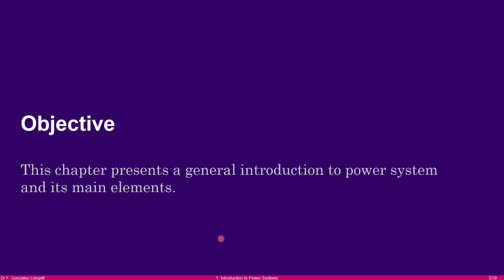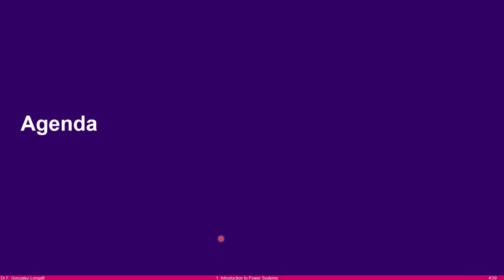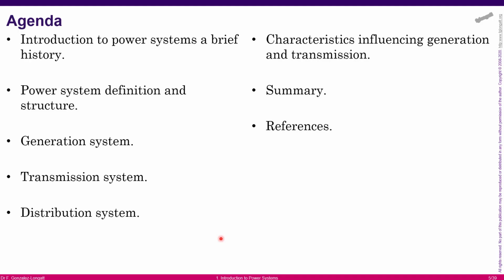As I said before, the main objective of this class is to deliver a very general introduction to power systems, and also explain the main concepts and the main elements related to power systems. The agenda is very short. I will start with a short introduction about power systems with a focus on history.